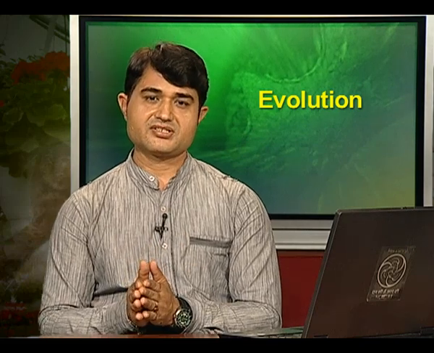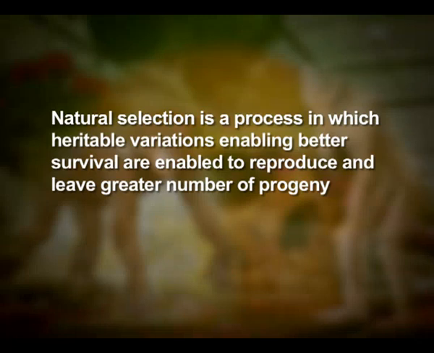Microbial experiments show that pre-existing advantageous mutations, when selected, will result in the observation of new phenotypes. Over a few generations, this would result in speciation. Natural selection is a process in which heritable variation enabling better survival is enabled to reproduce and leave a greater number of progeny.